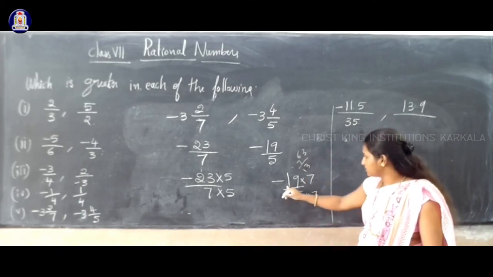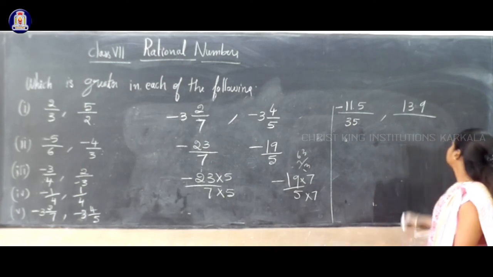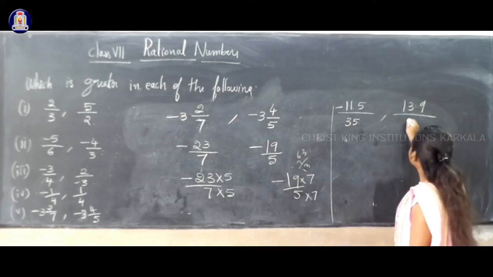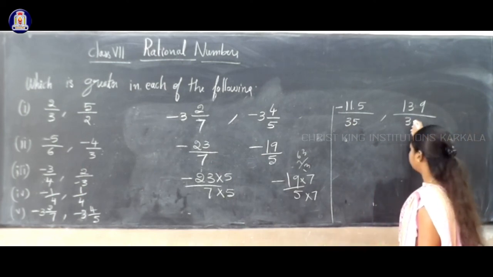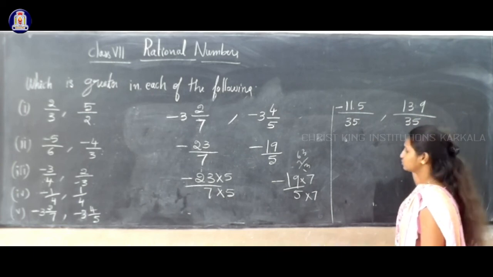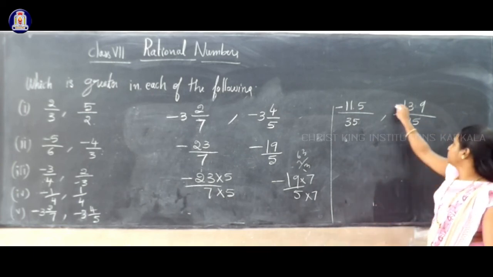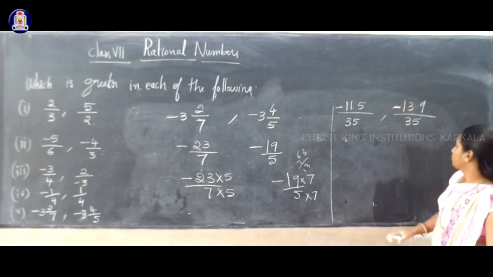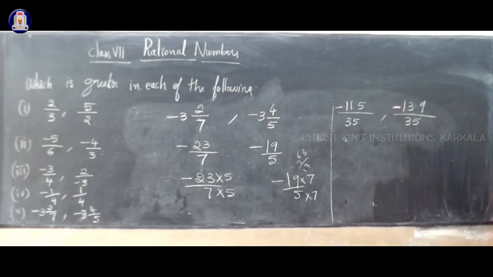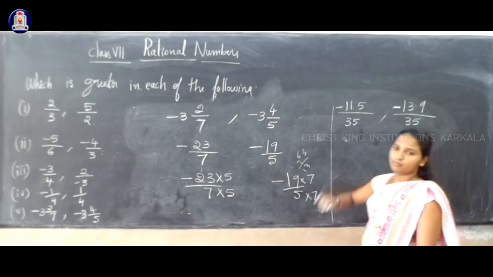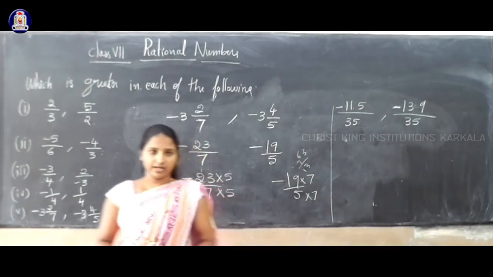So 7 1s are 7, 7 plus 6 is 13. So the answer is 133 by 35, and here the sign is minus. Correct. So minus 133 by 35 and one more, minus 115 by 35.